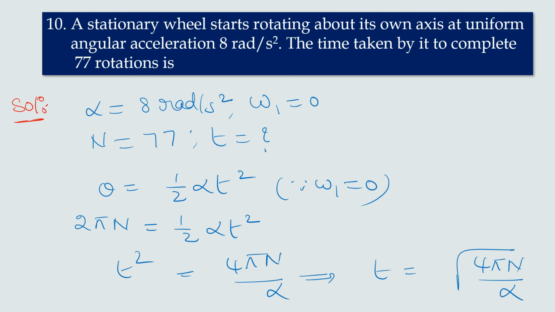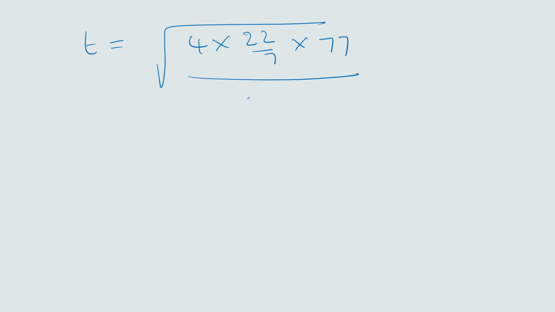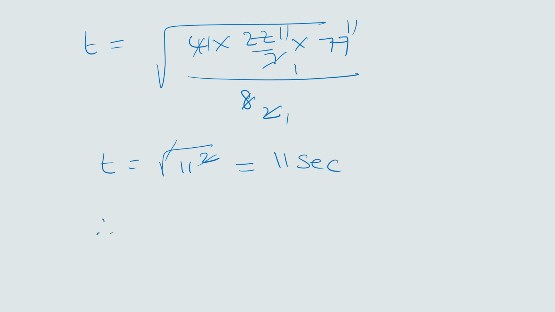Now substituting values, t is equal to square root of 4 into 22 by 7 into 77 by 8. 4 ones are 4, 2 fours are 8, 7 ones are 7, 7 elevens are 77. So t is equal to 11 into 11, 11 square, so the square root gets cancelled: 11 seconds. Therefore, time taken t is equal to 11 seconds.